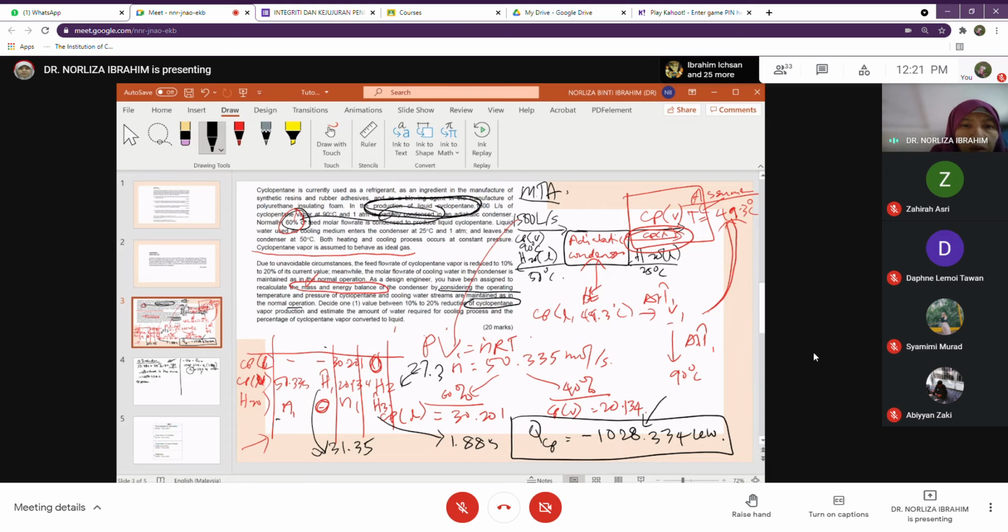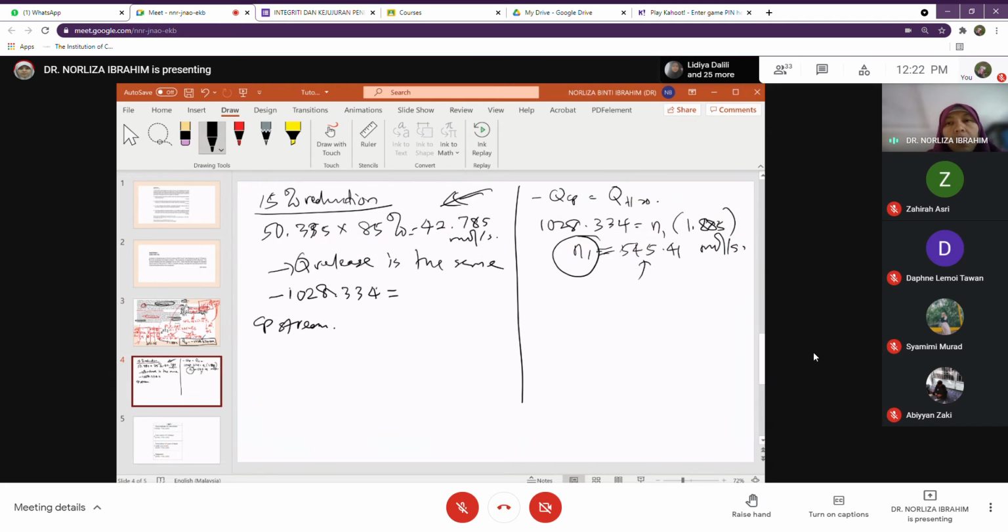So this one, cyclopentane vapor production, that word actually refers to the fact that we will have a different value of cyclopentane out there. So here, if I put N2, this is the flow rate of the cyclopentane vapor out of the system.